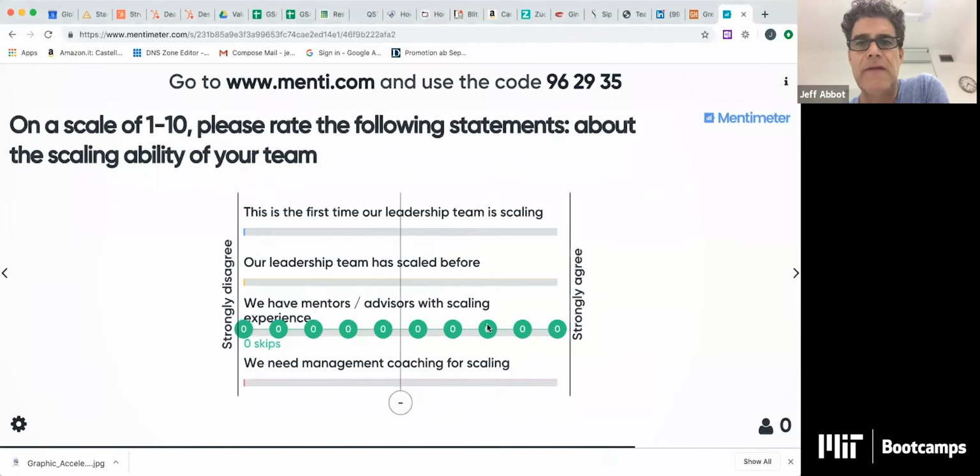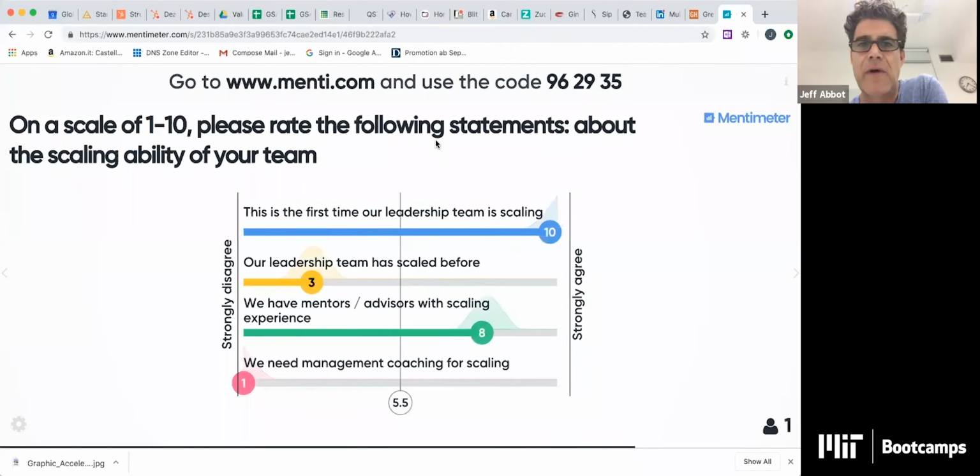Okay, and these statements apply, again, on a scale of 1 to 10. How do you feel? Just a little more color and nuance to the prior question. Is this the first time your team is scaling? Have you scaled before? Do you have mentors and advisors currently with scaling experience?